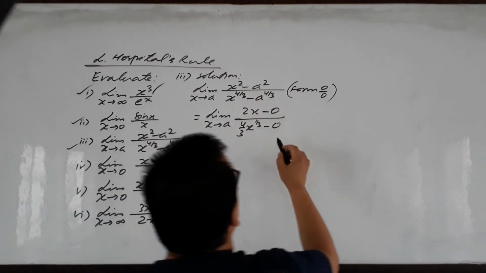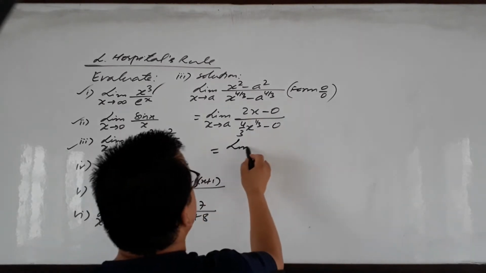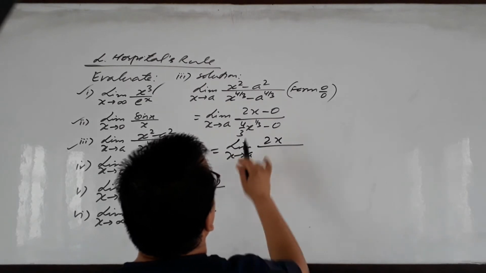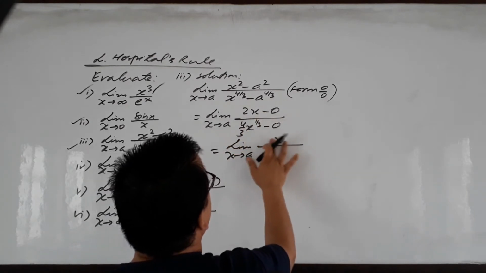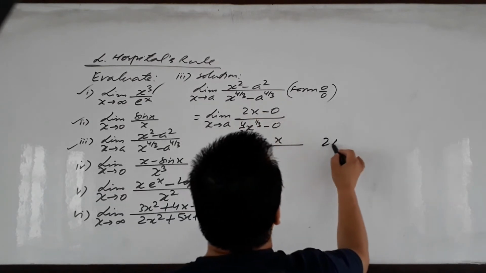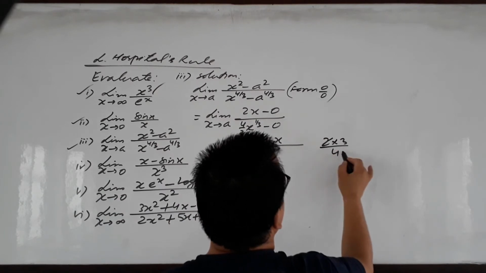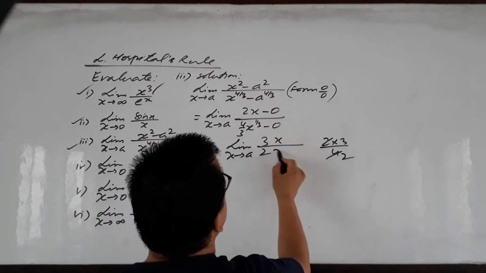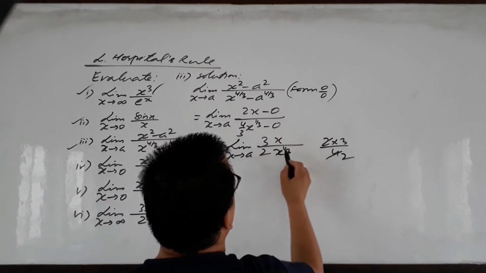Let's simplify. After simplification, 3 goes up and it becomes 3 upon 4 times 4, so it becomes 4/3 x^(1/3).